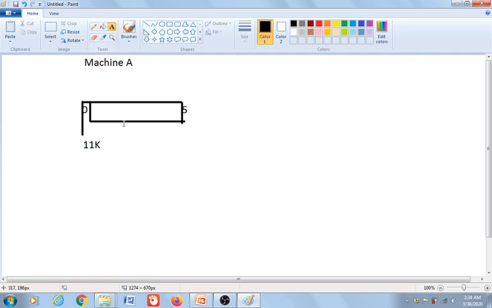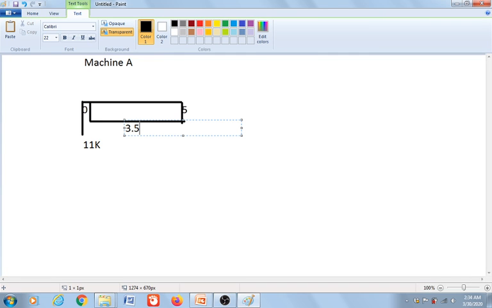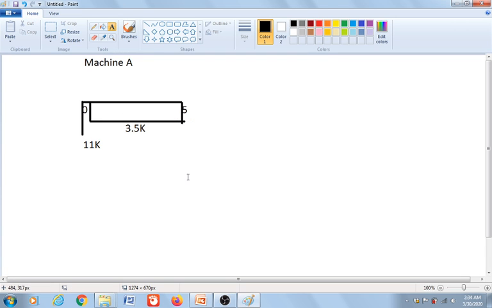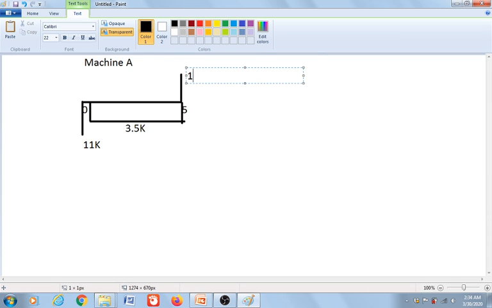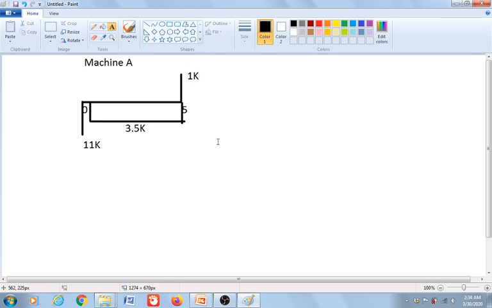So this is 3.5k and the salvage value of 1k. So this is the cash flow for machine A, if we decide to have a planning horizon of 5 years.